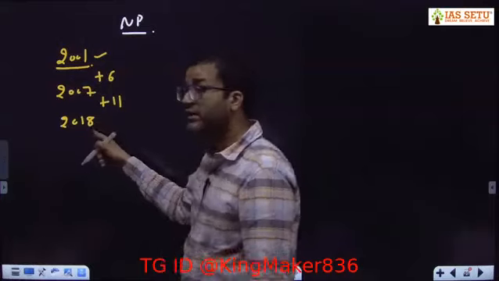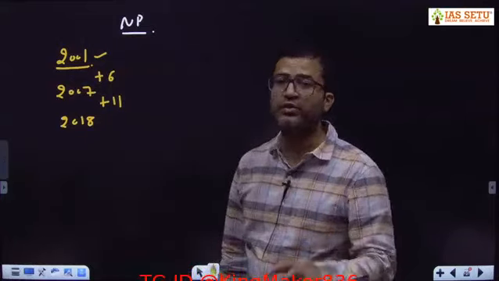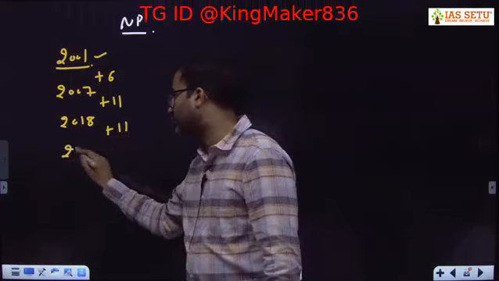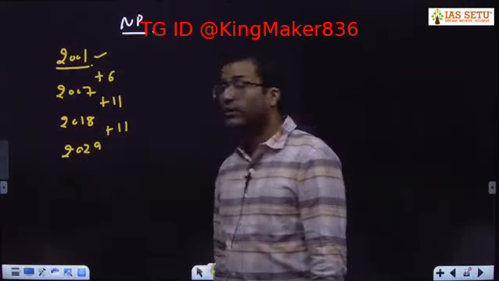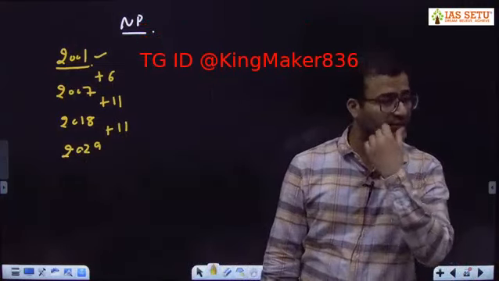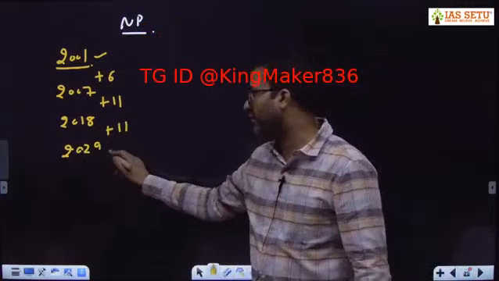Tell me, 2018 calendar will repeat after 6 years or 11 years? 11 plus 11, 2029. Now tell me, 2029 calendar will repeat after 6 years or 11 years? 6, because it is immediately after a leap year, plus 6.